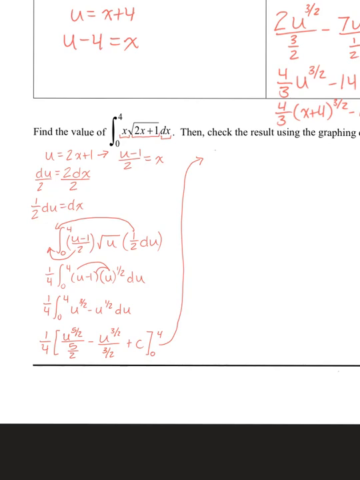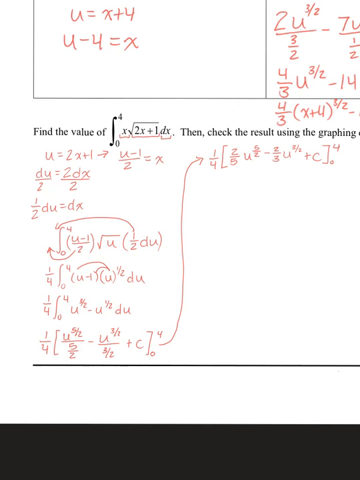So doing a little keep change flip, I get 2/5 u to the 5/2 minus 2/3 u to the 3/2 plus c. And again, evaluated from 0 to 4.